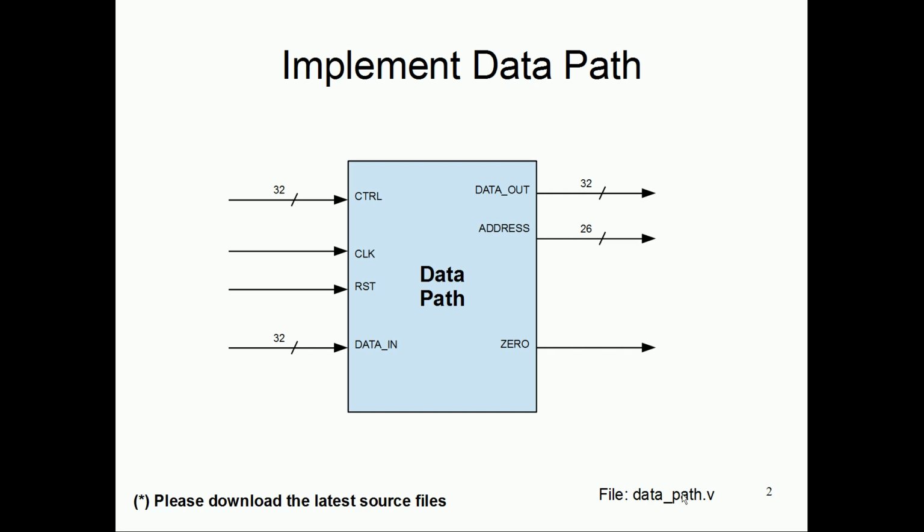If you open this file datapath.v, you will find a module definition with the port listing, like a control port with a 32-bit clock, reset, 32-bit data in, 32-bit data out, address, and zero. Essentially, if you recall the data path, it reads some instruction in, and depending on the instruction, it spits out some data for writing into the data part of the memory, and it spits out the address of that memory to be written.